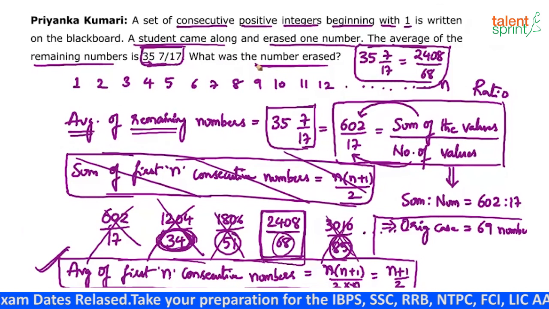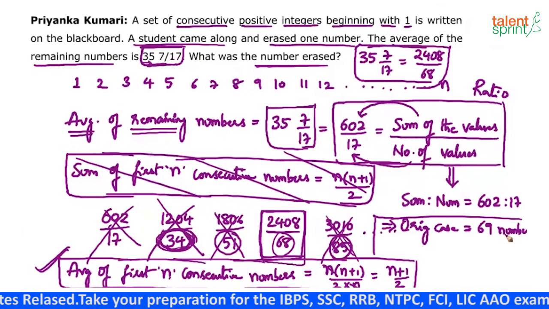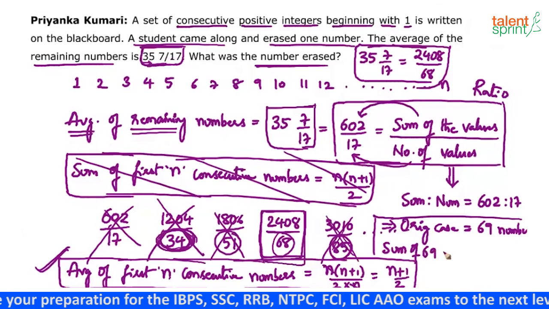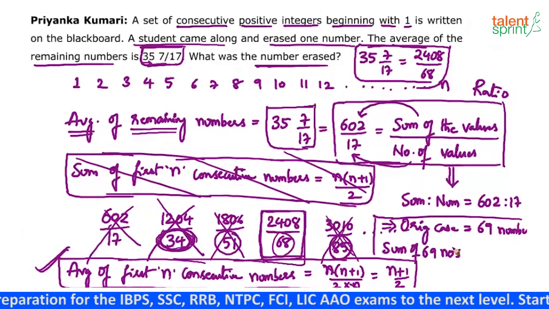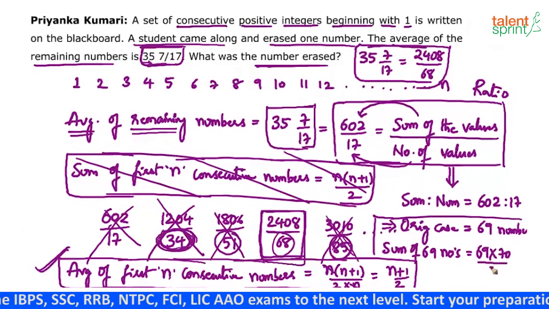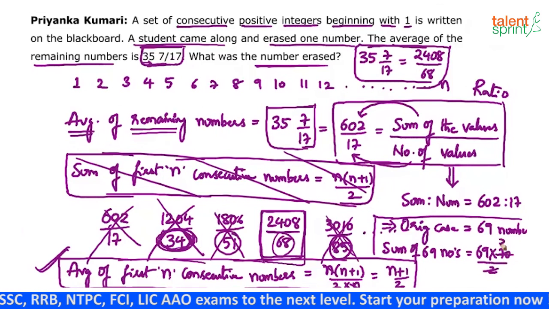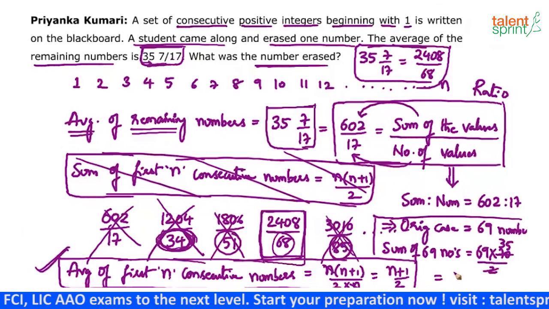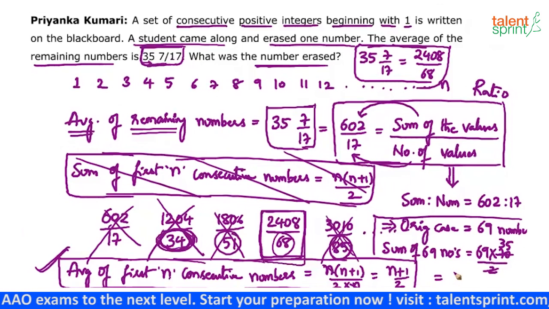See, we know the sum of the first 69 numbers. What will be the sum of these 69 numbers? 69 into 70 by 2, which is 69 into 35. How much is 69 into 35?